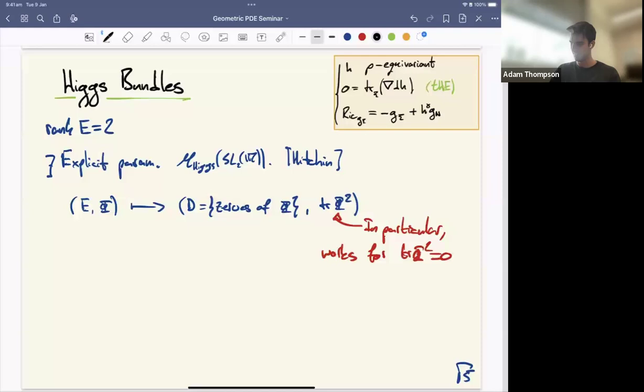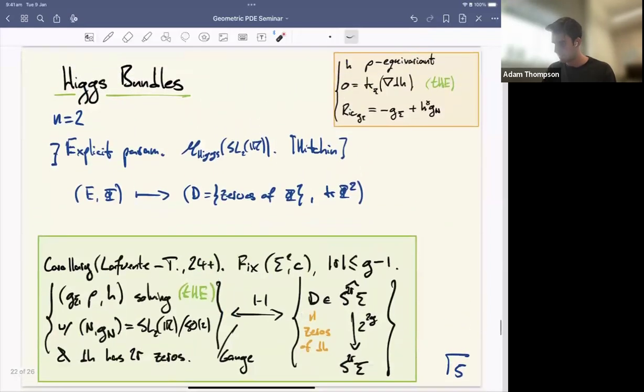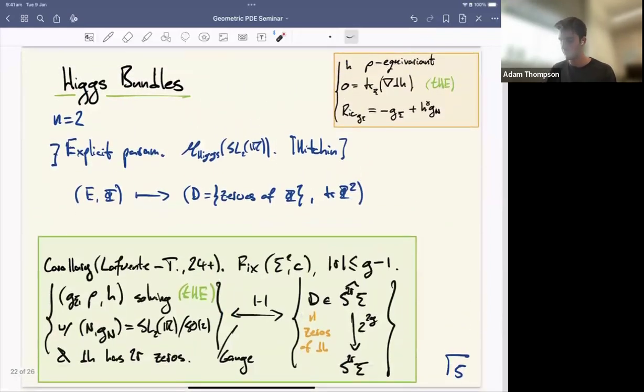That's precisely what I wanted. In that case, those satisfying that condition are just given by specifying the zeros of the Higgs field. So from this description of the moduli space that Hitchin gave, we get the following description of these solutions to our twisted Harmonic-Einstein equations.